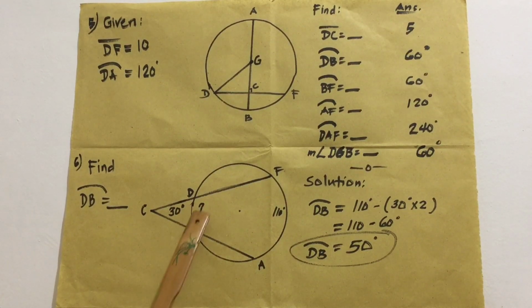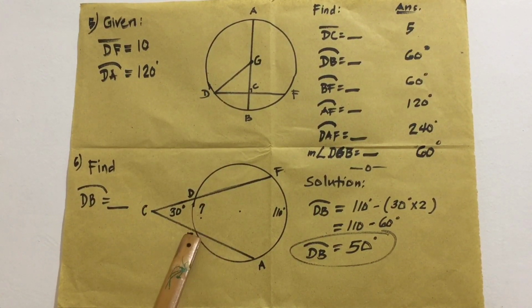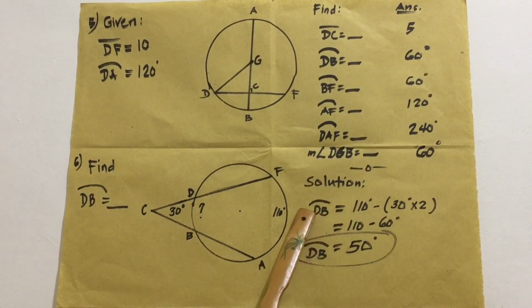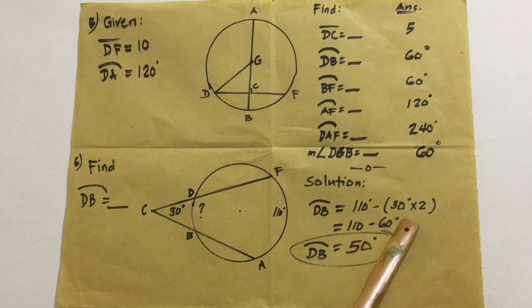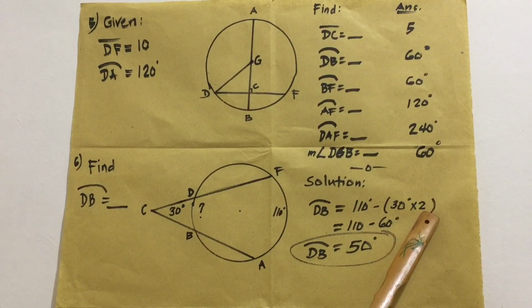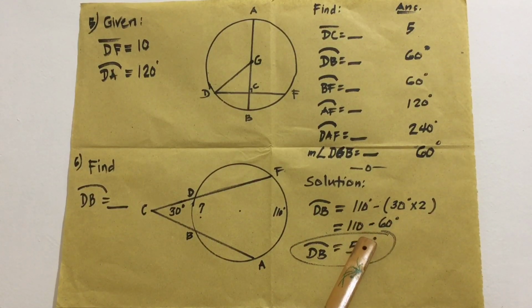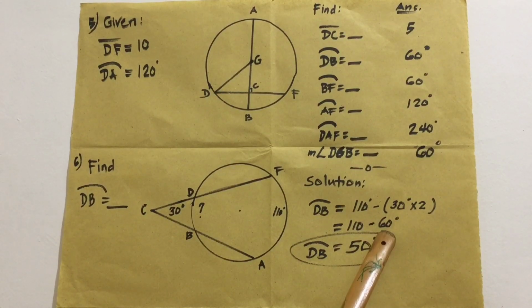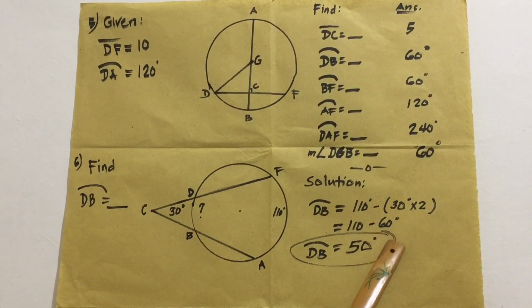To find this small arc DB, we have a solution. Arc DB equals 110 minus the product of 30 times 2. So 30 times 2 is 60. 110 minus 60 equals 50 degrees. So the arc DB is equal to 50 degrees.